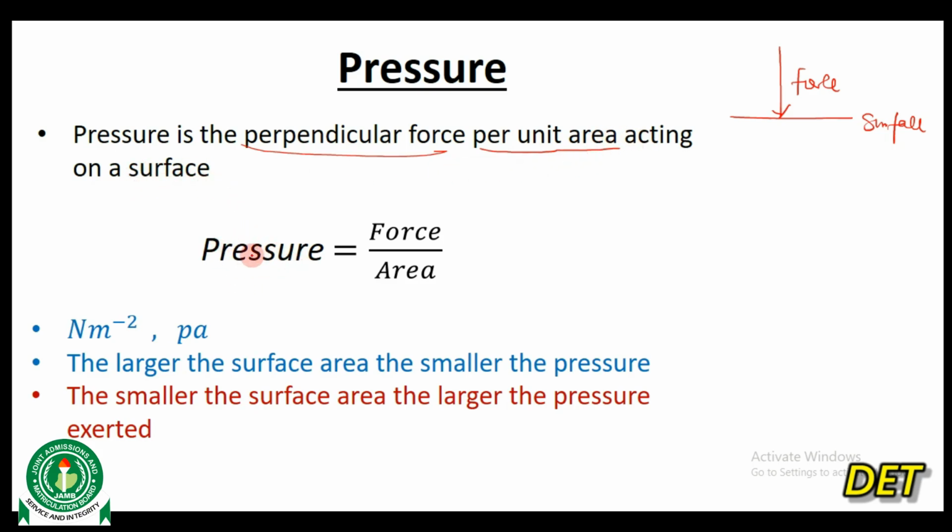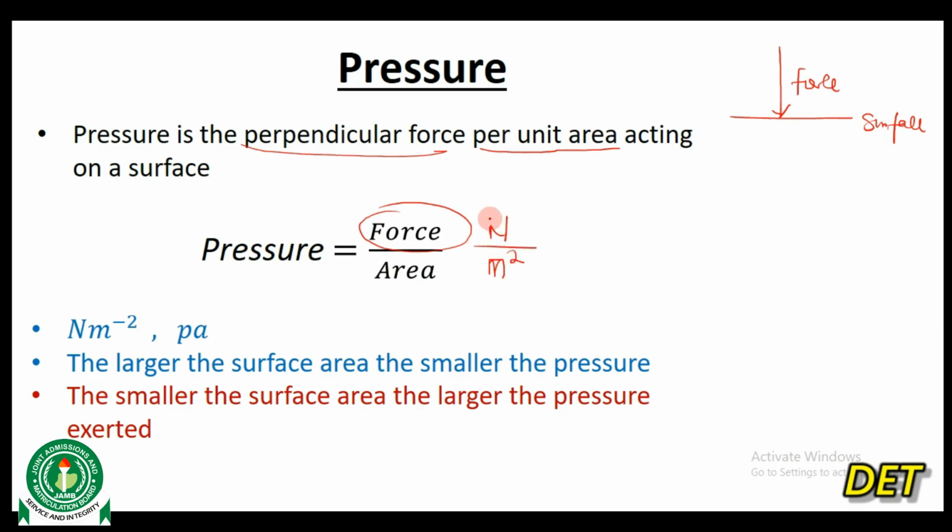The formula for pressure is equal to force all over area. Force is measured in Newton, area is measured in meters squared, right?